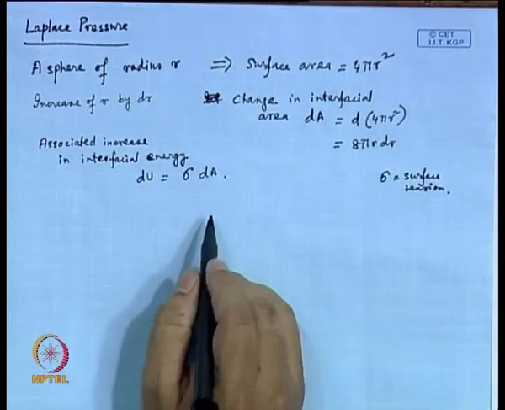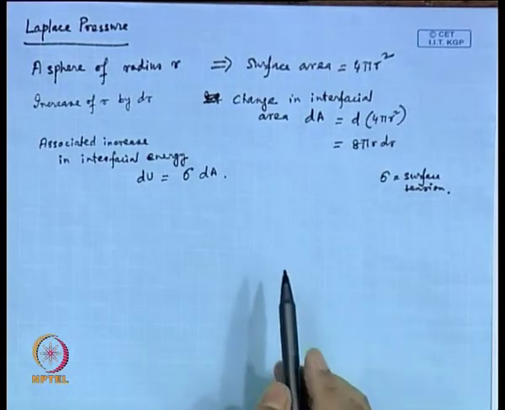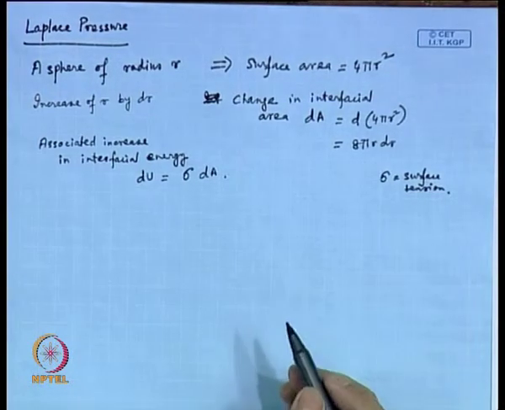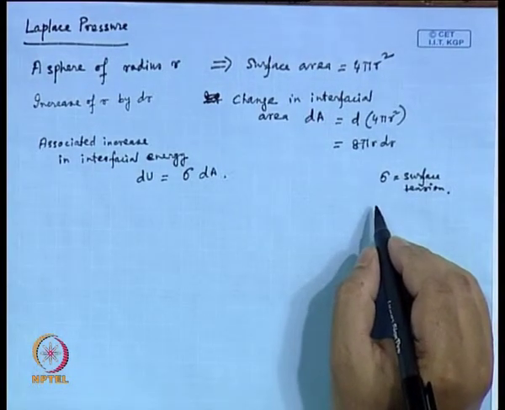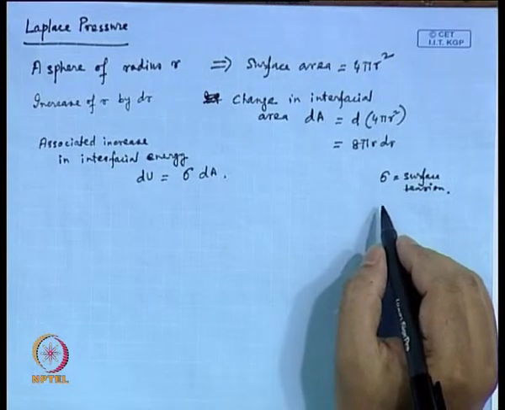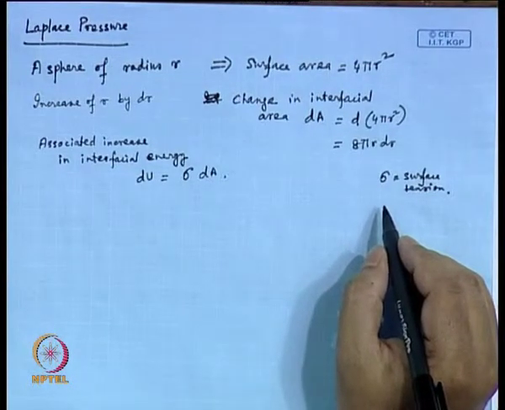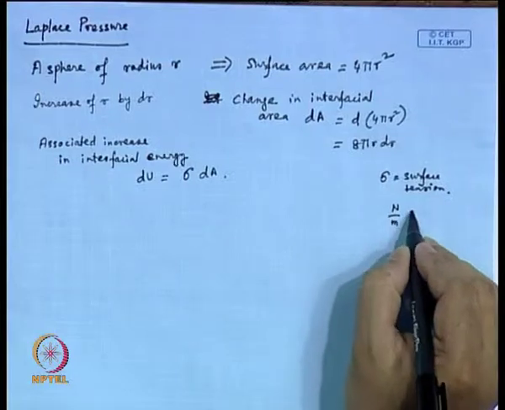What this means is, what is basically the energy? Energy is equal to the work done, that is equal to force into displacement. Go to the unit of interfacial tension. Do you remember how the interfacial tension was derived at that time? What is the unit of surface tension? That is basically Newton per meter, right?